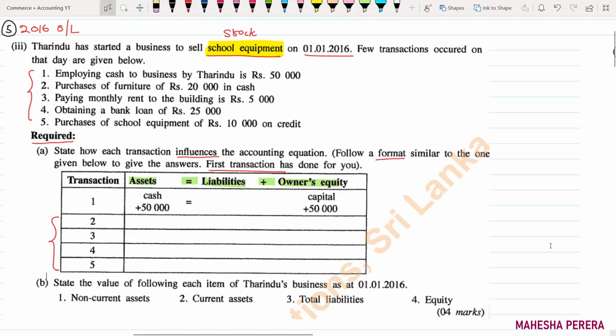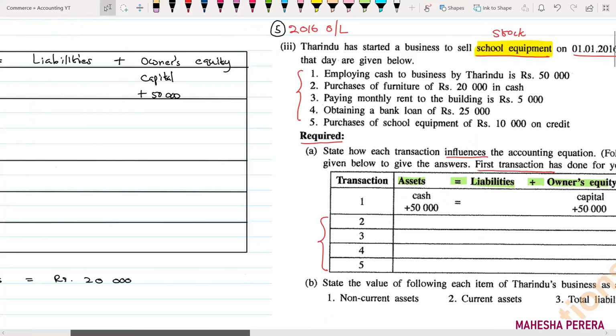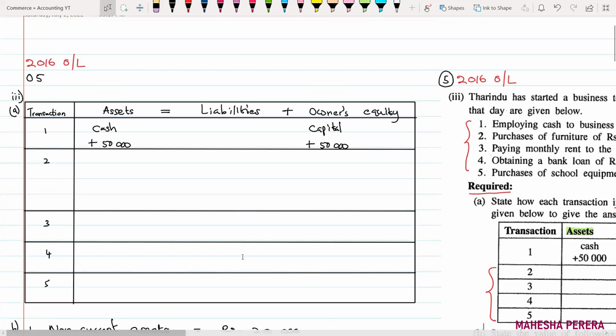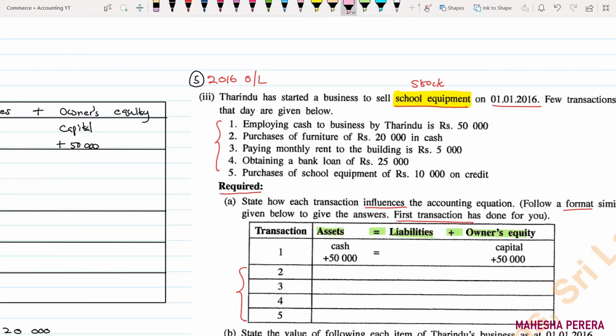Now, as I told you before, you need to copy this table into your answer sheet. Right. Now, this is my table. Okay. I have written the transaction number, the accounting equation. I wrote in the exact way that they have given. Okay. Now we need to show the impacts of the second transaction.